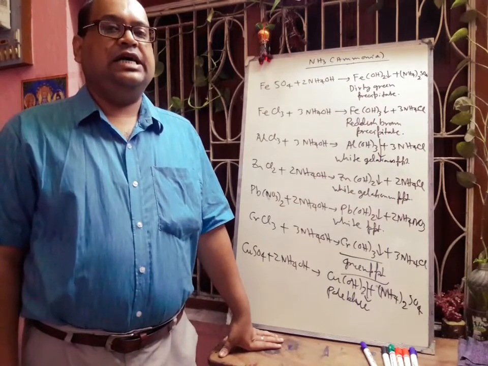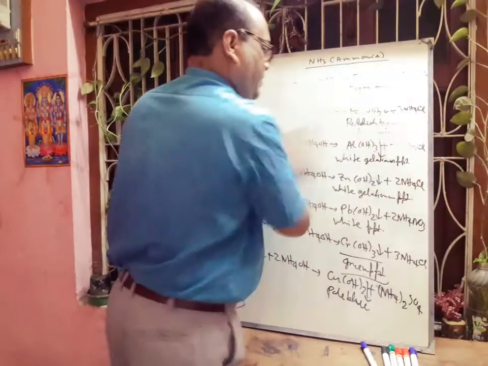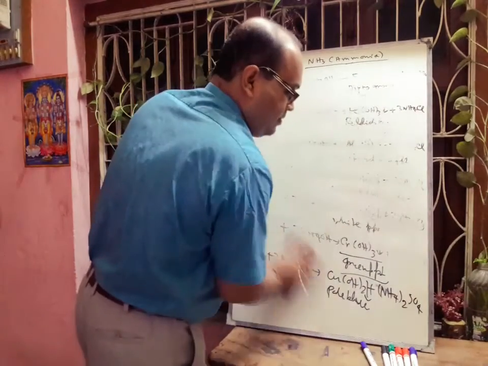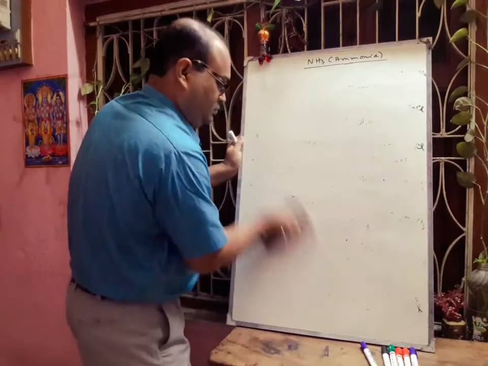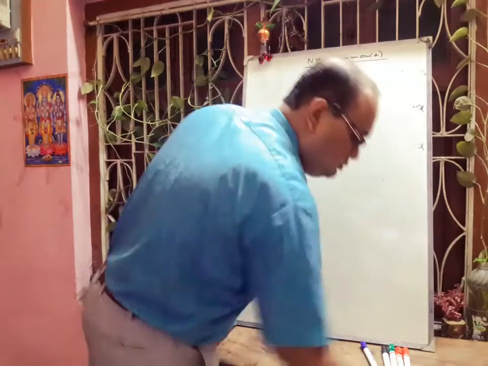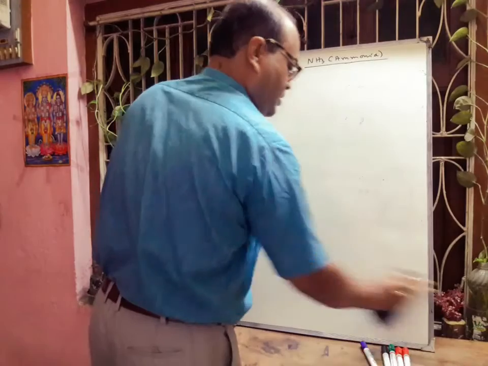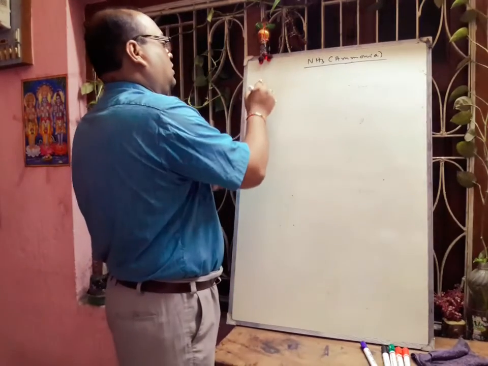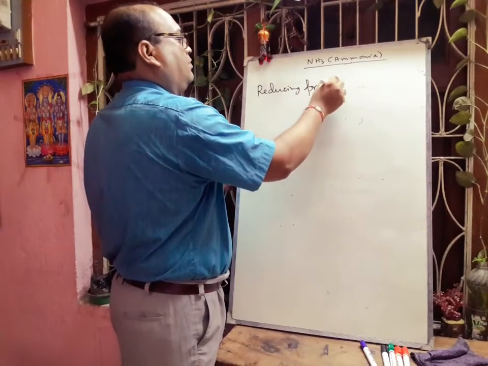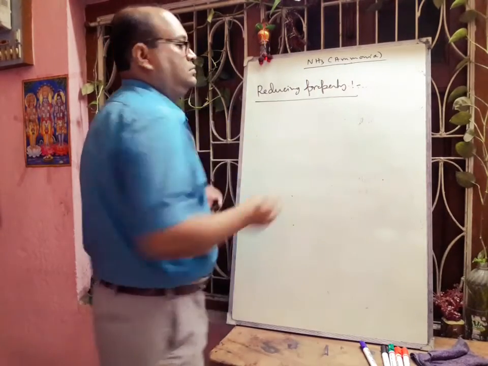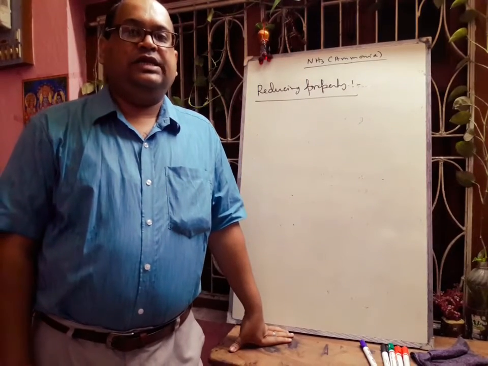Next, we will discuss the reducing property of ammonia gas. Ammonia is a strong reducing agent, and it reduces certain metal oxides.